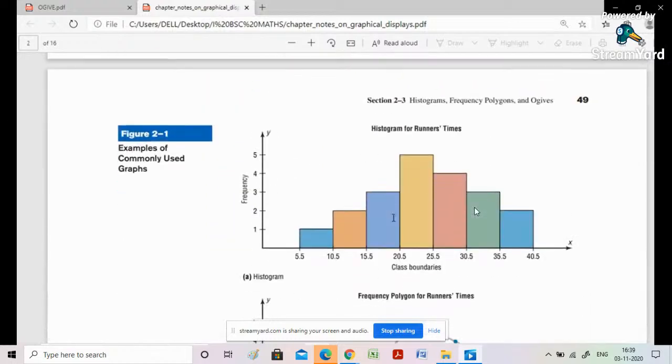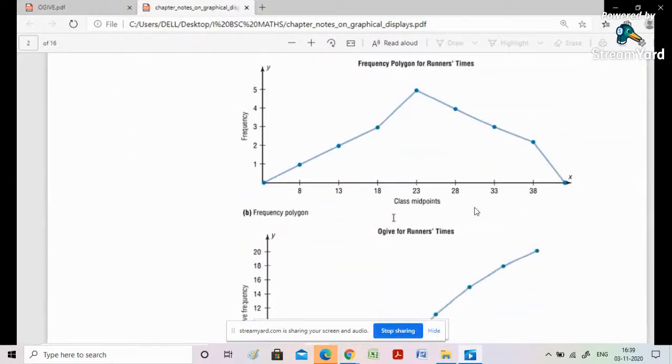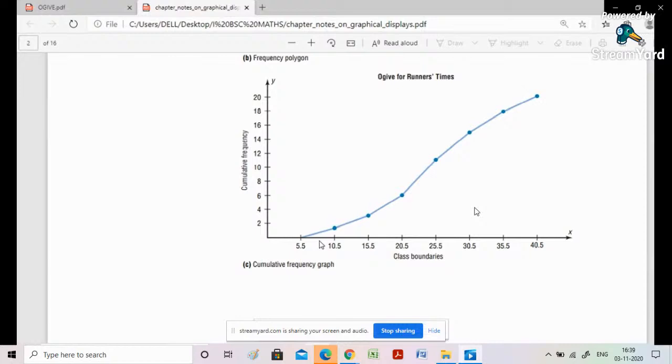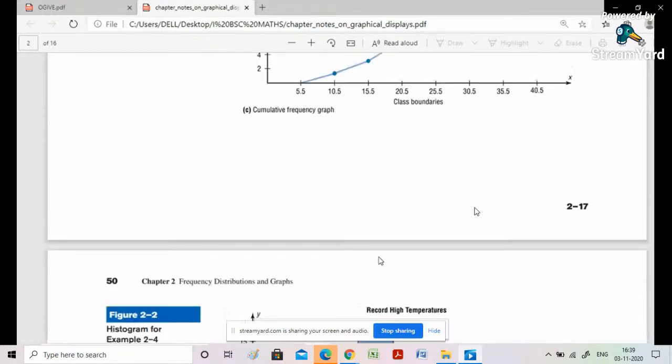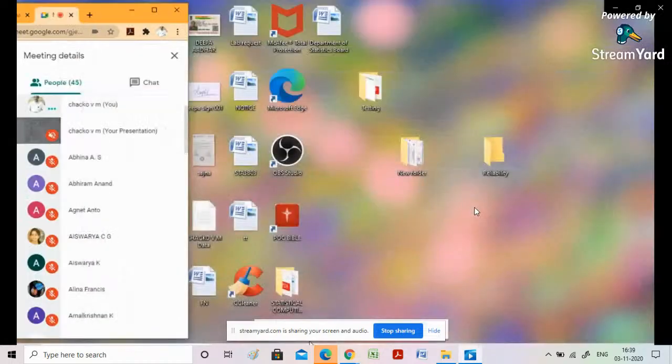That number is recorded, and they have drawn an Ogive curve. That is actually called a cumulative frequency curve.